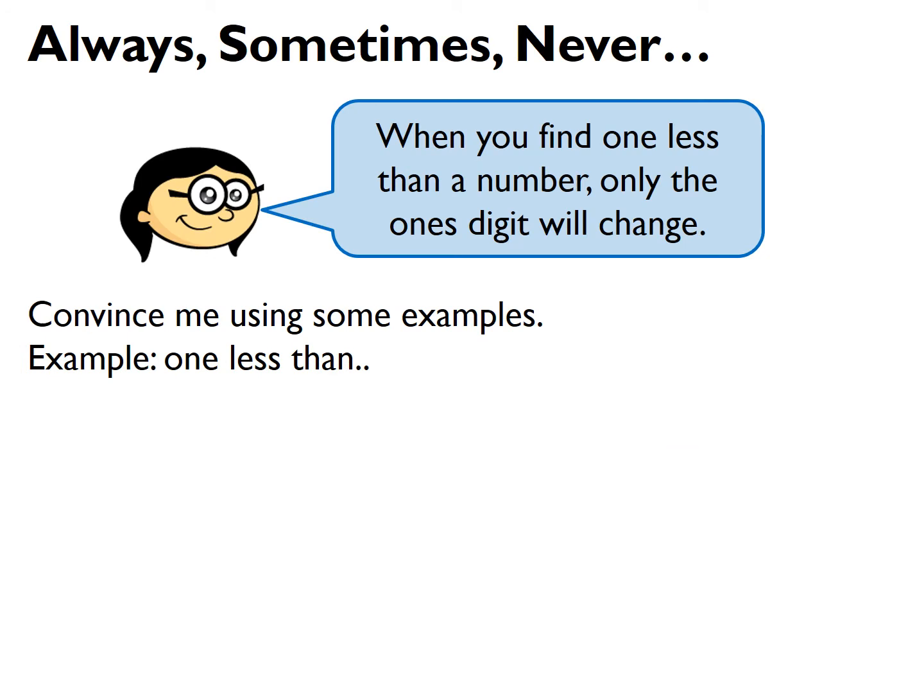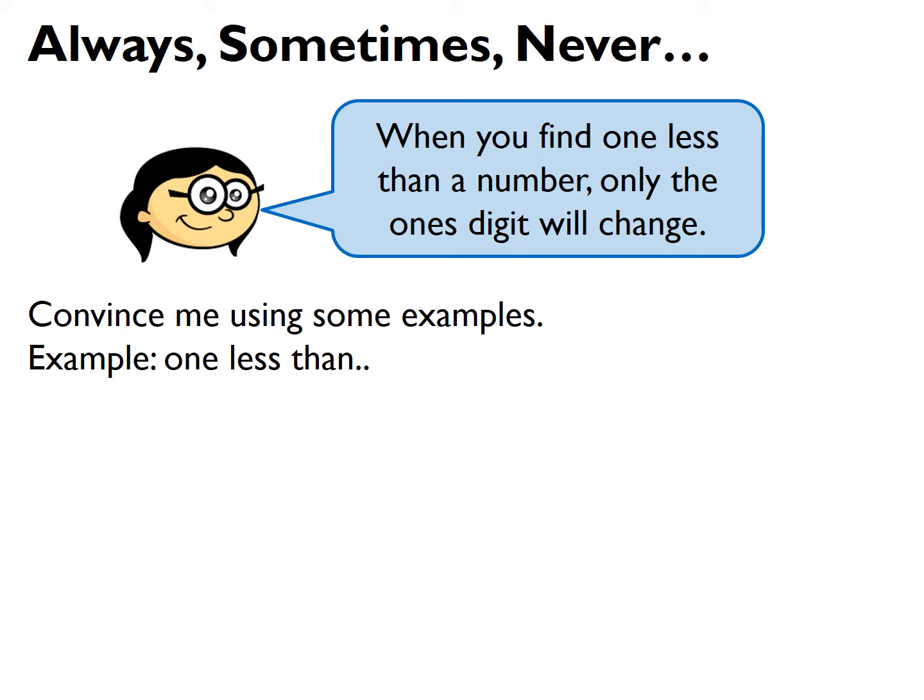Okay, so we're looking at an always, sometimes, never question here. So she wants convincing either that she's right or wrong. When you find one less than a number, only the ones digit will change. So if you pick any number to 50 and you did one less, would only the ones digit change all the time?